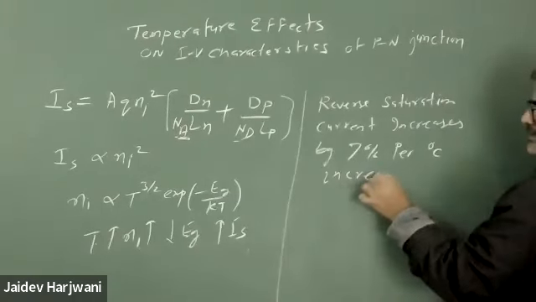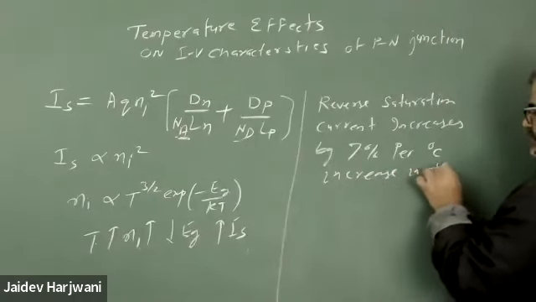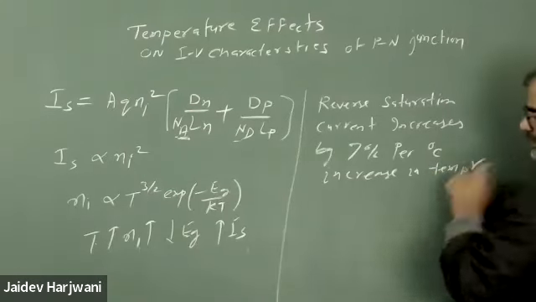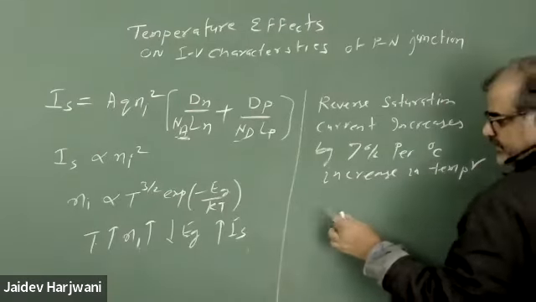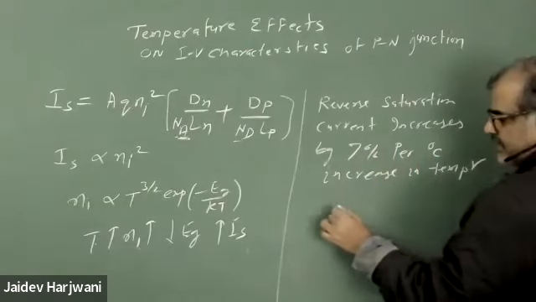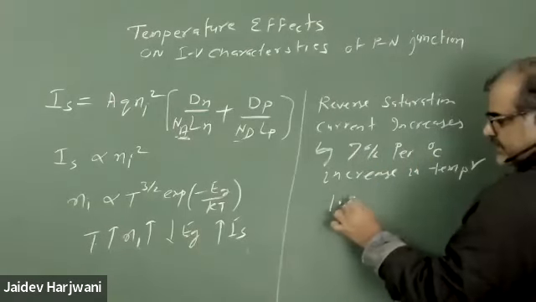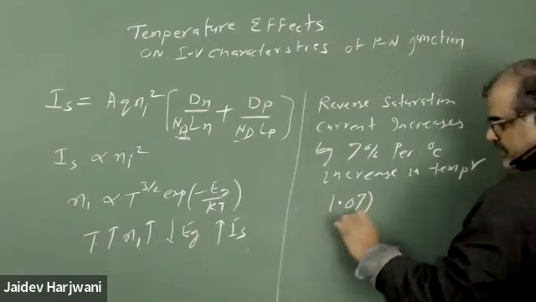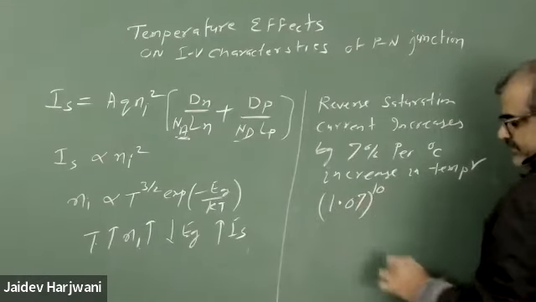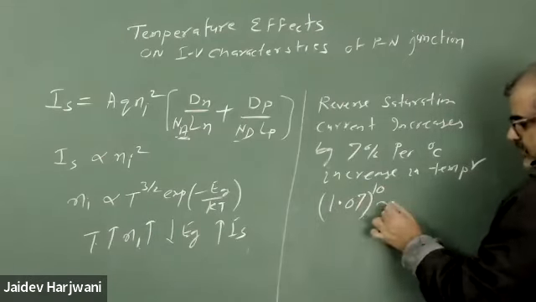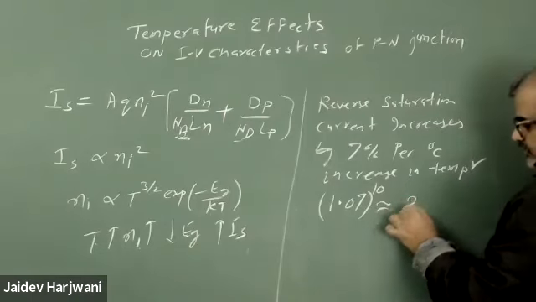What does this mean? If you increase the temperature of the junction by 10 degrees, it comes to almost twice.